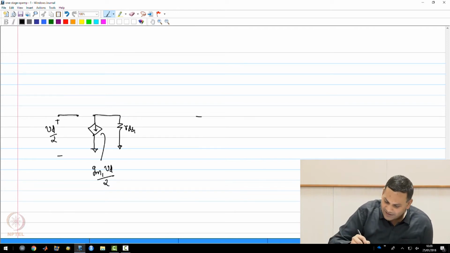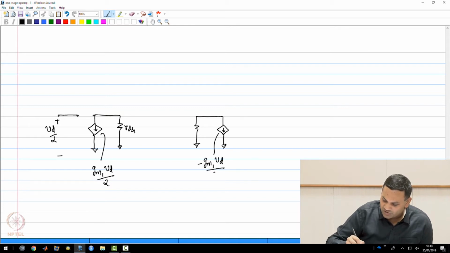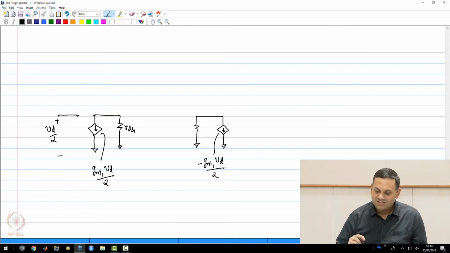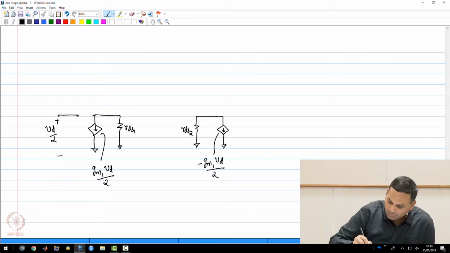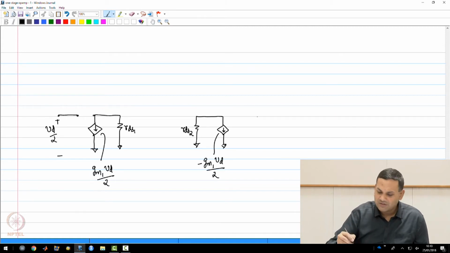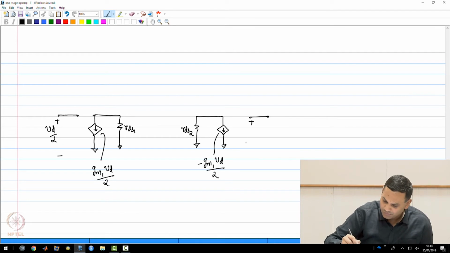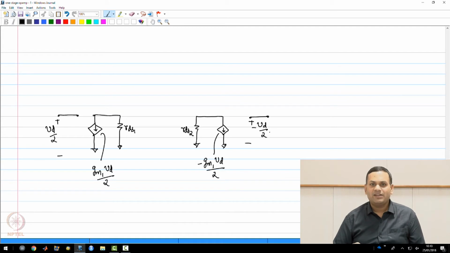And similarly on the other side of the differential amplifier, I have transistor M2. So this is minus gm2 Vd by 2, and since gm2 is the same as gm1, I will write it as gm1 Vd by 2. And this is rds2, which is the same as rds1. And minus Vd by 2 is what is applied between the gate and source of M2.